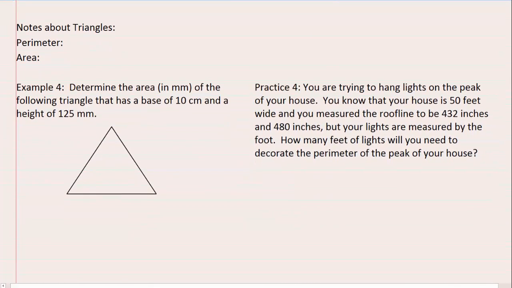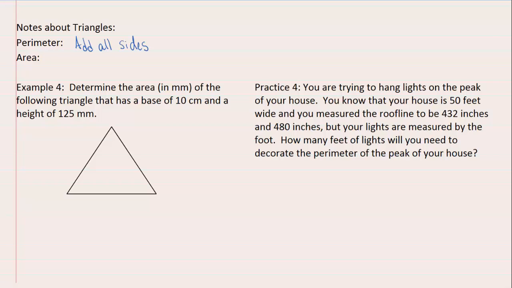Our next example involves triangles. Remember, a triangle is 3-sided, and finding its perimeter is the same as finding the perimeter of any other shape. We need to determine the distance around the shape. To do so, we would simply add all the sides. When you add all the sides up, you will then have the perimeter of the shape.